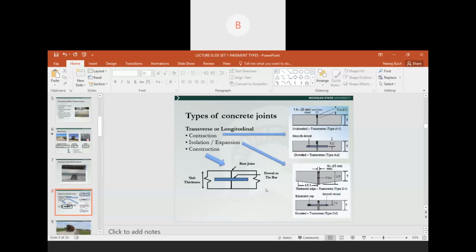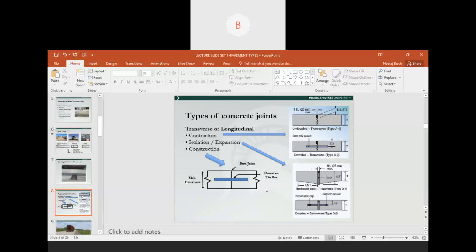There are different kinds of joints in a concrete pavement. The three most critical joints are the contraction joint, the expansion joint, and the construction joint. The contraction joints are transverse joints that are usually placed 3.5 to 4.5 meters on center, so that is usually the spacing. And the purpose of the contraction joint is to make sure that when the slab expands and contracts, it is able to absorb that movement.